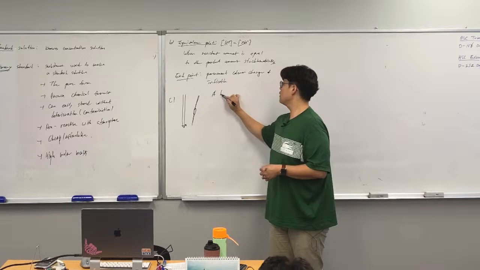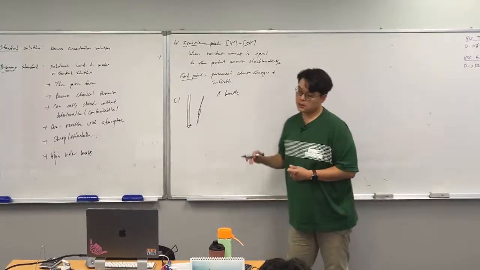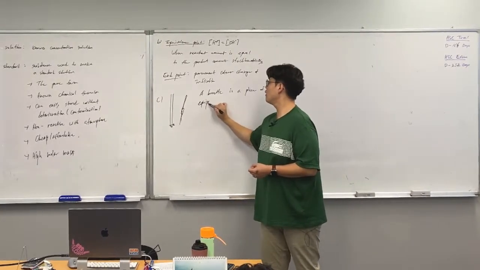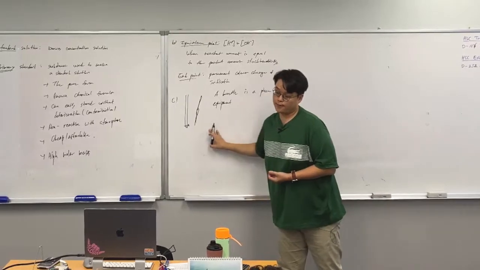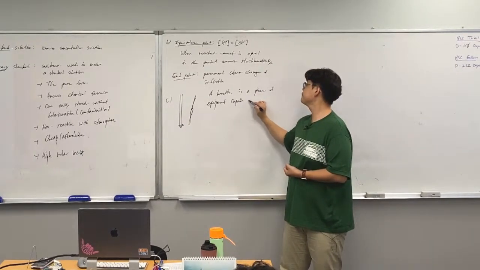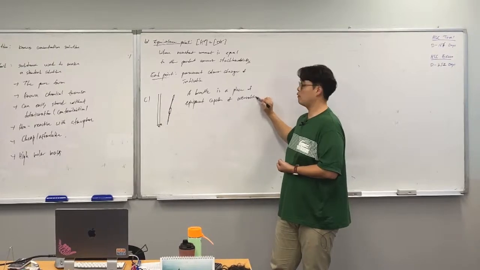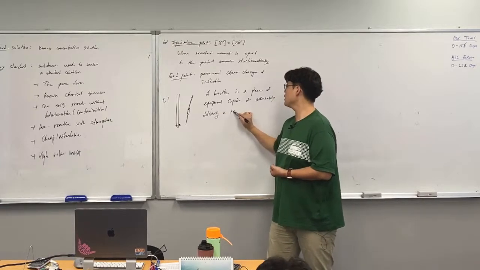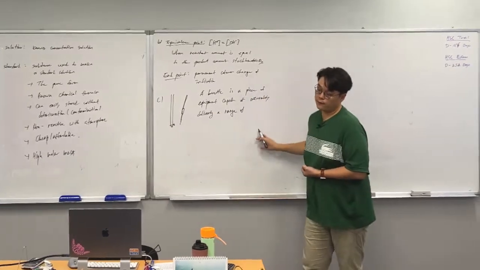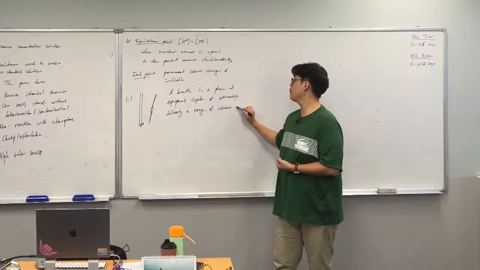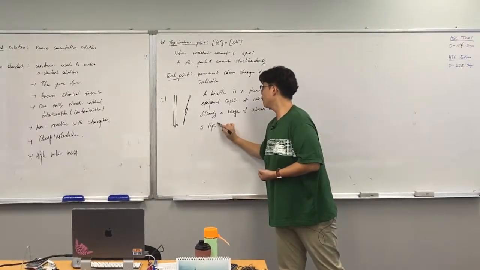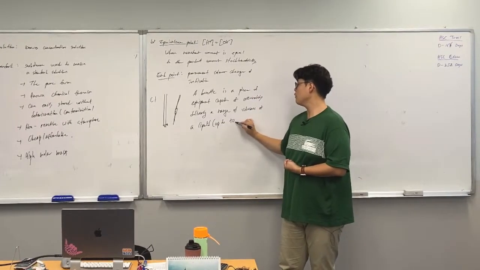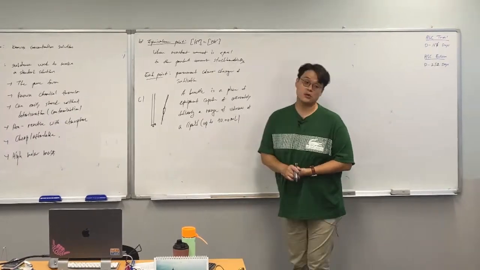So a burette is a piece of equipment capable of accurately delivering a range of volumes of liquids, generally up to 50 mL. It's what we generally use in the school lab.